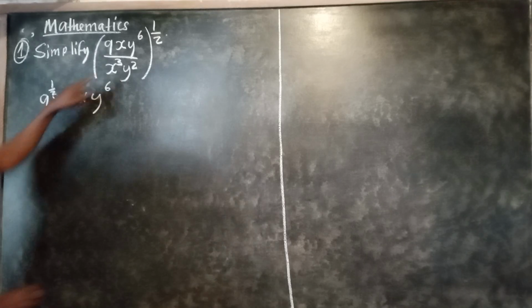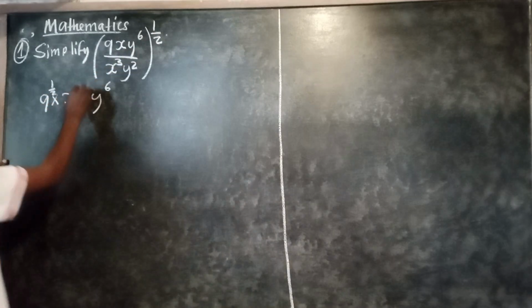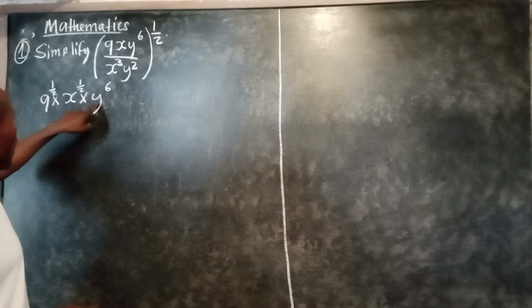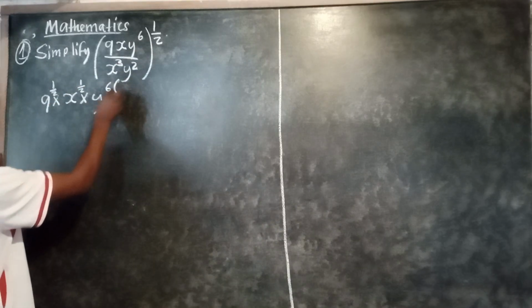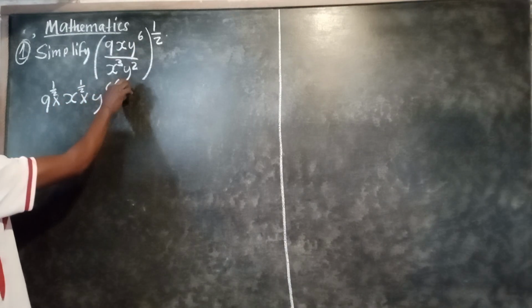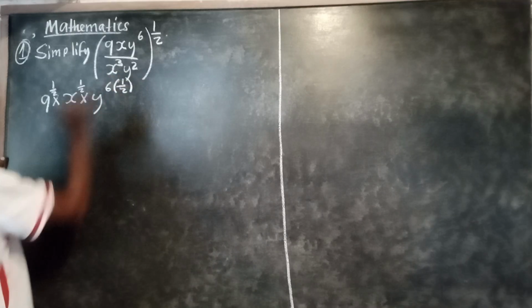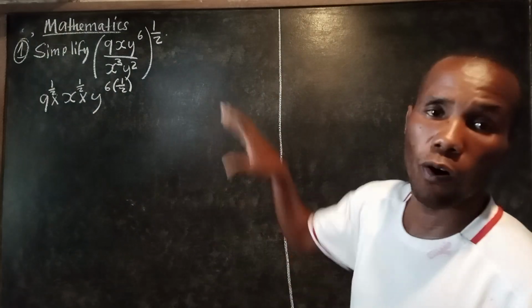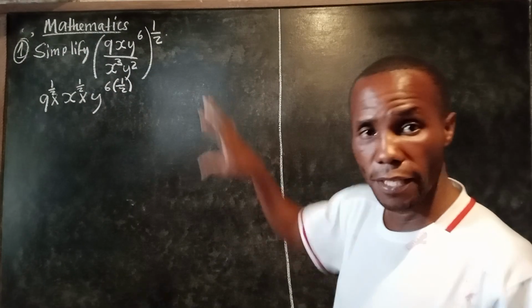This x also is raised to power 1 over 2. Then this y is also raised to another power, which is 1 over 2. So we'll say brackets, because there's already a power there, which is 6, then power 1 over 2. This is what I meant when I said that the power is affecting all the numbers and variables inside the brackets.